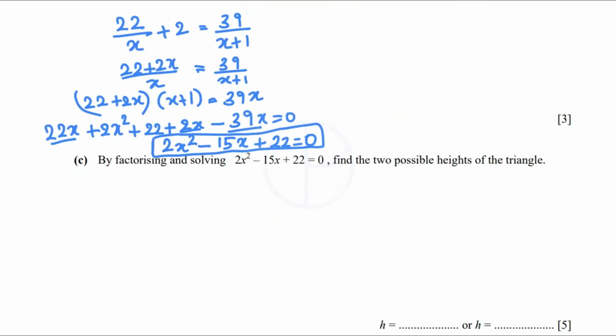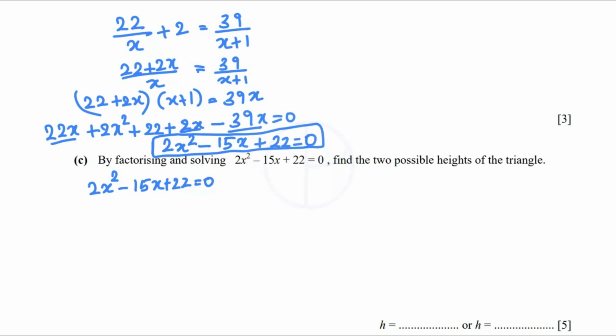So the next part of the question is, by factorizing and solving 2x square minus 15x plus 22 equal to 0, find the two possible heights of the triangle. Let's solve this equation. The coefficient of x square is not equal to 0.